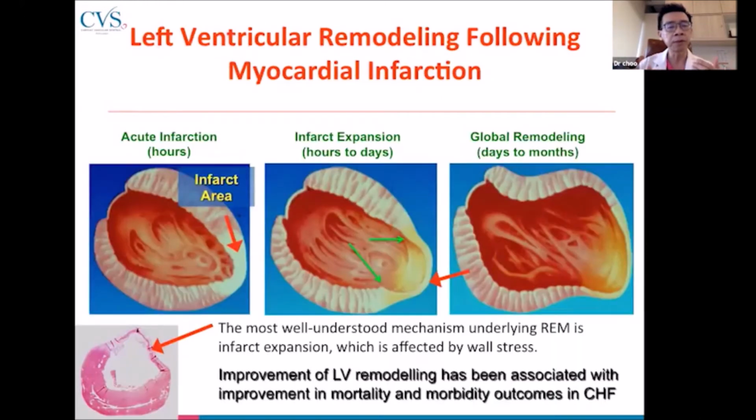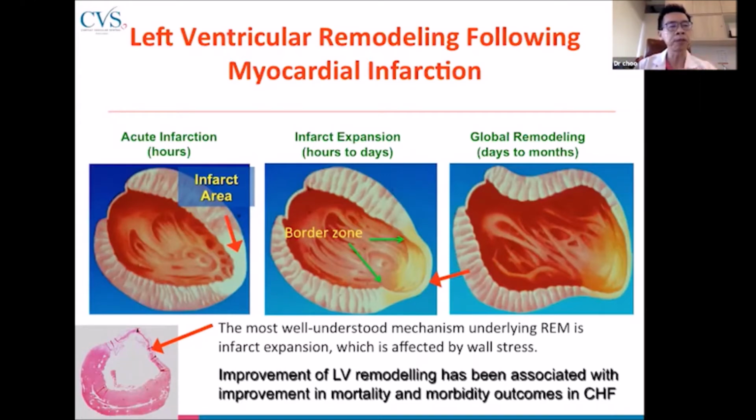One of the most classical and well understood remodeling models is what happens after a patient gets a heart attack, myocardial infarction. So you see how, for example, there is an infarct of the apex of the ventricle. Over time, there will be cell death. There will be very active activity going on at the border zone as the heart tries to compensate for the loss of myocardium.